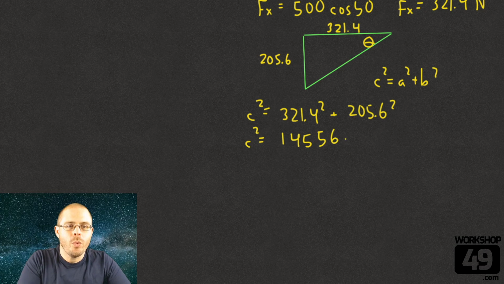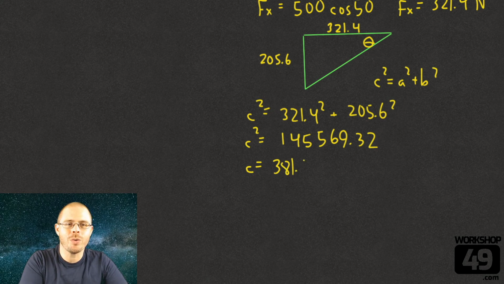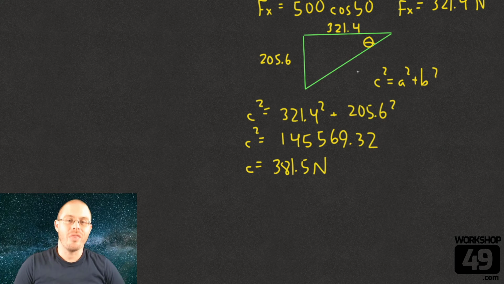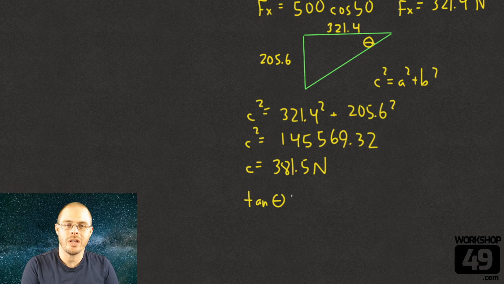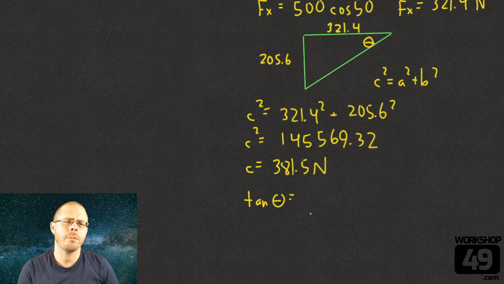We tidy this up. We get that c squared equals 145,569.32, huge number, but we square root that and get 381.5 newtons. That is the tension on our rope. But we need to know the angle of depression at which we're lowering that down.